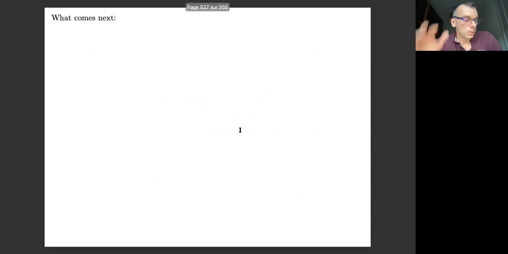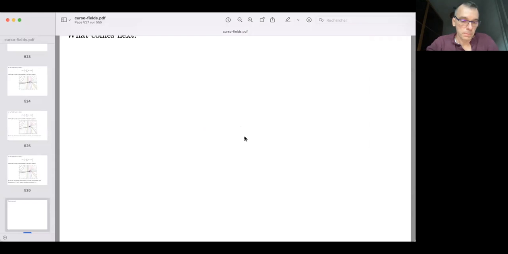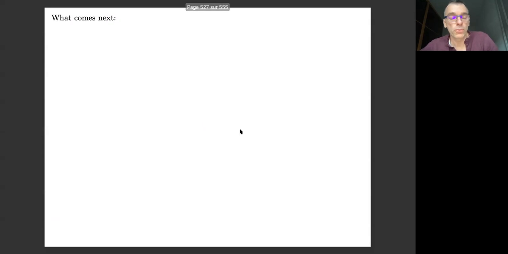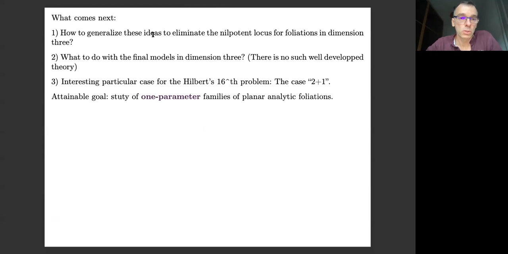Okay, and so now I have just finished this part on two-dimensional vector fields. So I will just summarize what I would like to do next, and then give you an example of a very strange phenomenon which can appear in dimension 3. So what do I intend to do in the remaining lectures? First of all, explain to you how to generalize these ideas to the case of foliations in dimension 3.